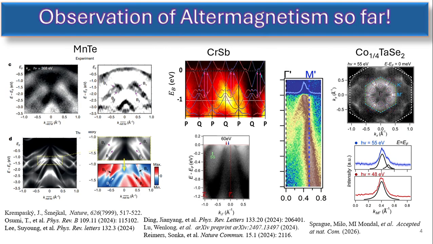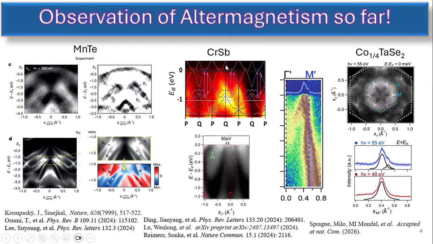Up to now, there are a handful of materials that show these ultramagnetic properties. Among them, MnTe, or manganese telluride, is one of them, where they observed the spin polarized band along the M-Gamma-M high symmetry direction, and this material has spin polarization of around 370 meV at k equal to 0.35 inverse angstrom, and it also showed the g-wave nature of ultramagnetism.